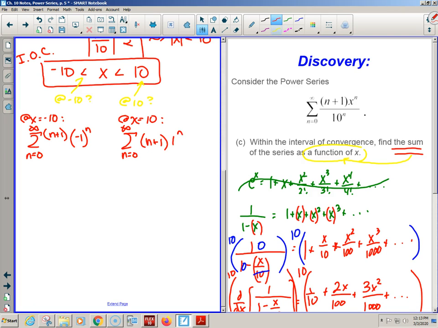But either way, guys, hold on. Knowing your breadth of knowledge of the convergence and divergence tests, what do we know about what's going on at both -10 and 10 in this example? Why are they both going to diverge?